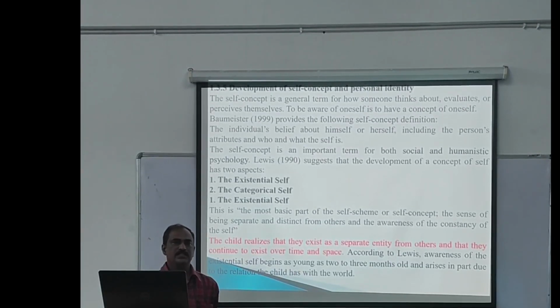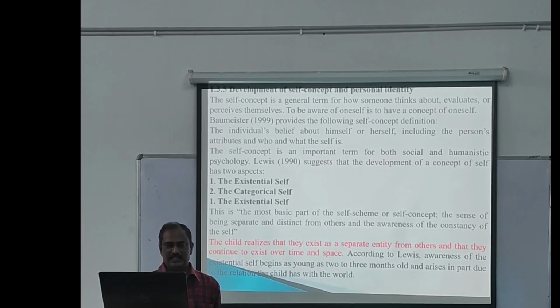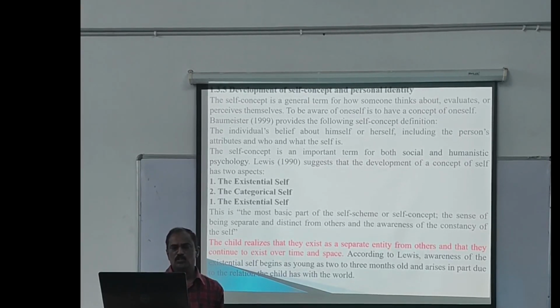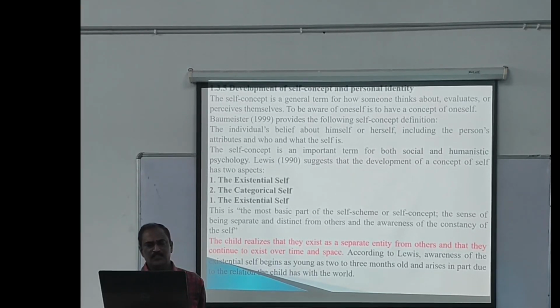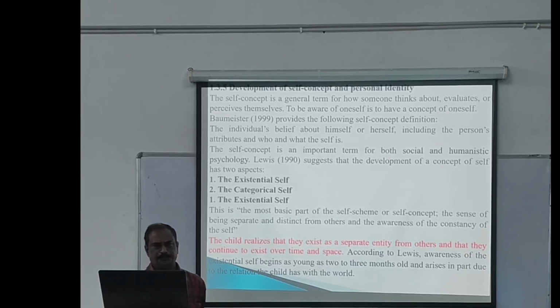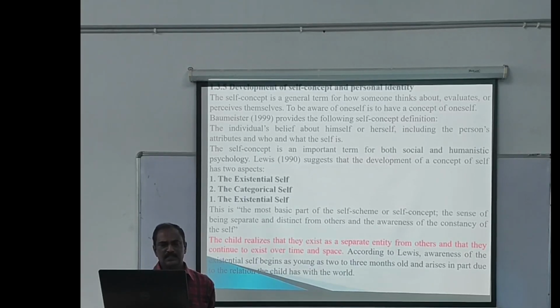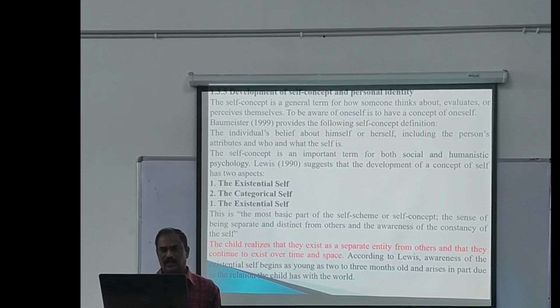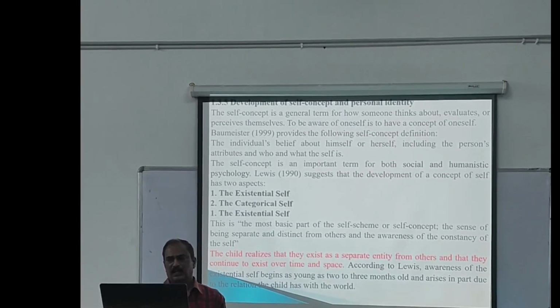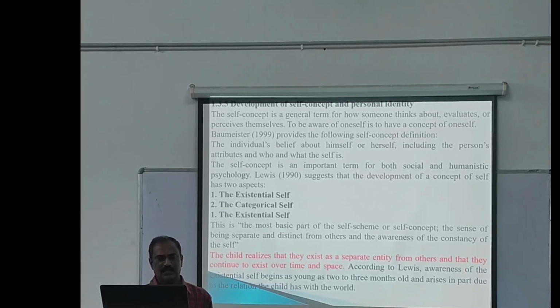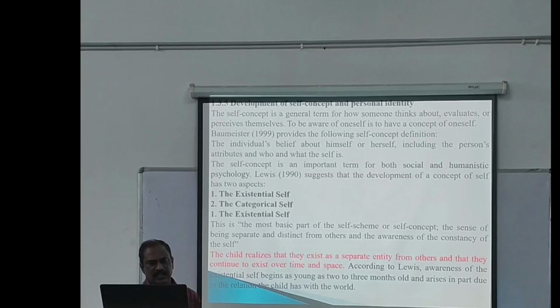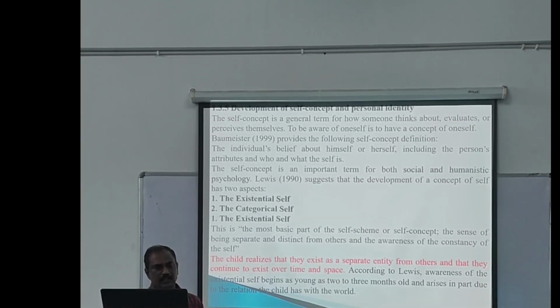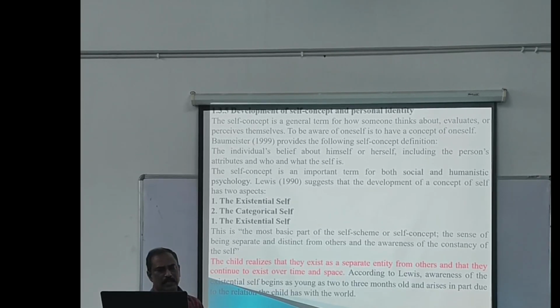So, let me see what is existential self. This is the most basic part of self scheme or self concept. The sense of being separate and distinct from others, and the awareness of the constancy of the self. The child realizes that they exist as a separate entity from others, and that they continue to exist over time and space.